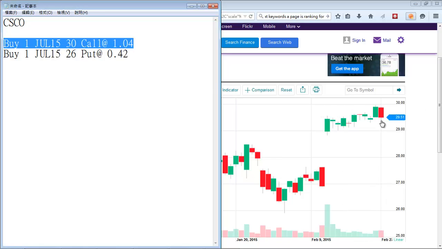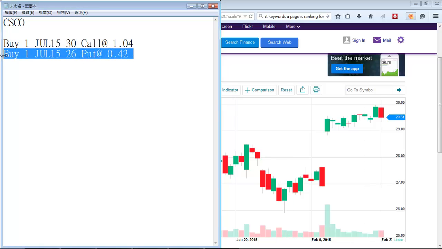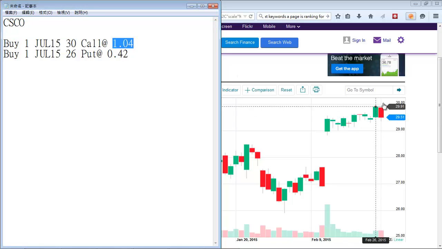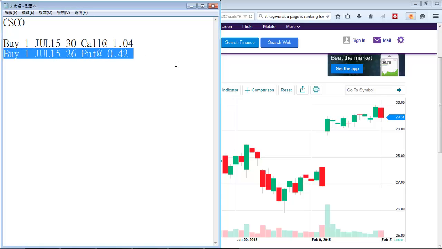So if the gap does fill and it goes down below 26, you're probably going to make more. For example, here, if it goes down to 25, you're going to get an extra $100 on the put, which will make up for the $100 you put on the very close call. So you're going to break even at about 25.